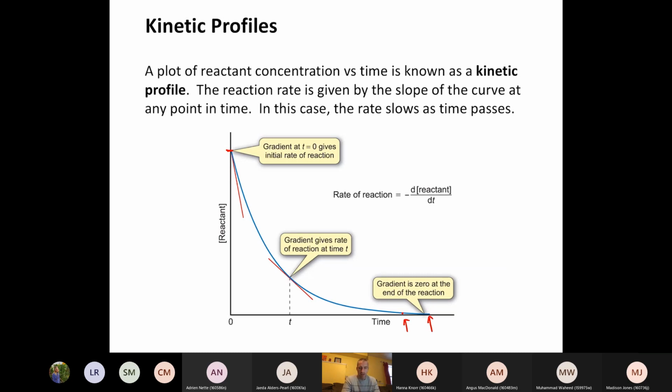And when the slope is 0, that means the rate of the reaction is 0. It means the reaction has stopped. So this curve, how it starts out steep and then plateaus, would represent a reaction that starts out really fast, and then tapers off as it goes on.